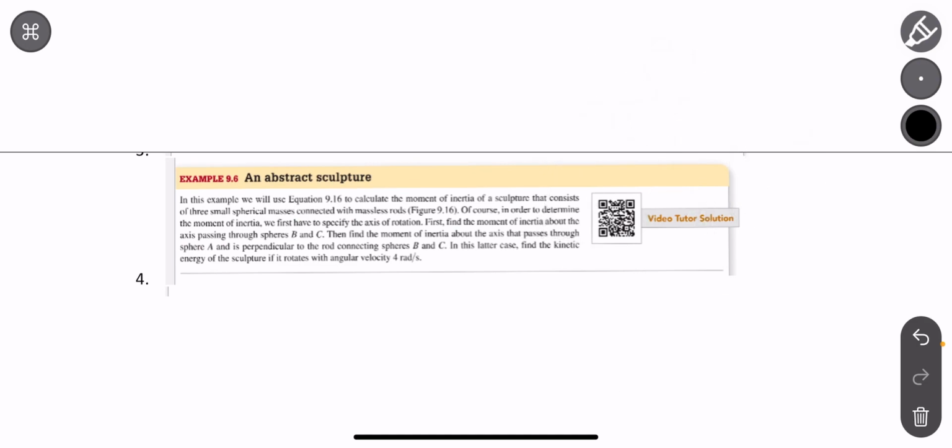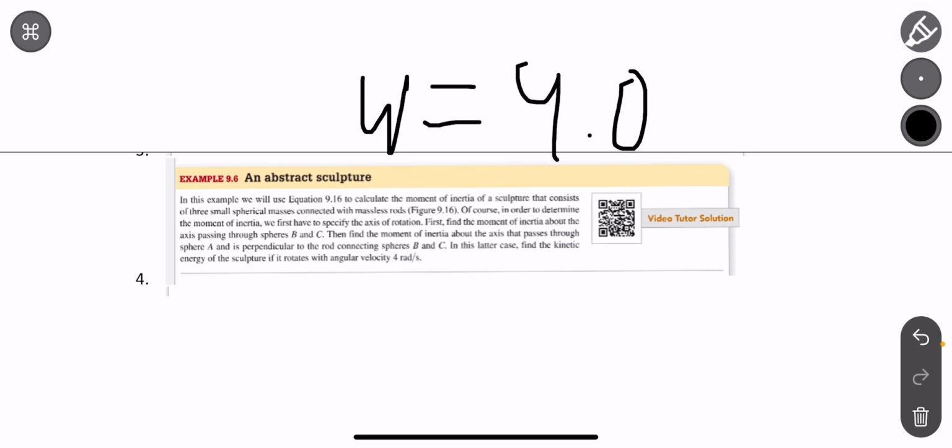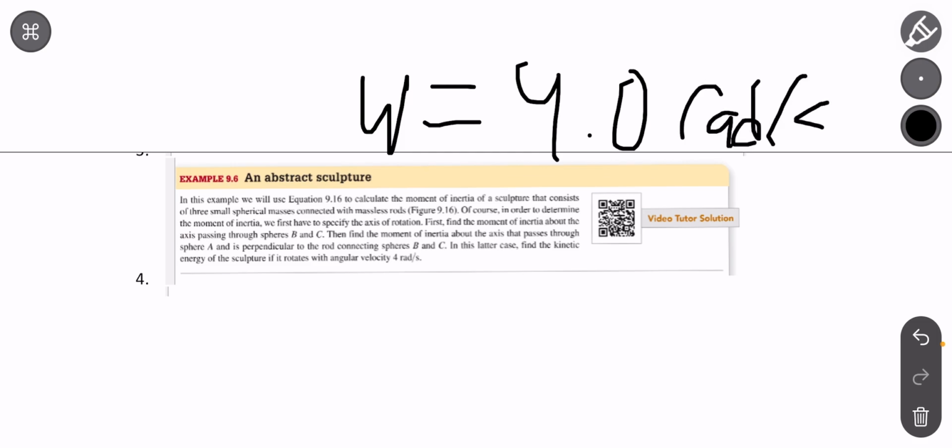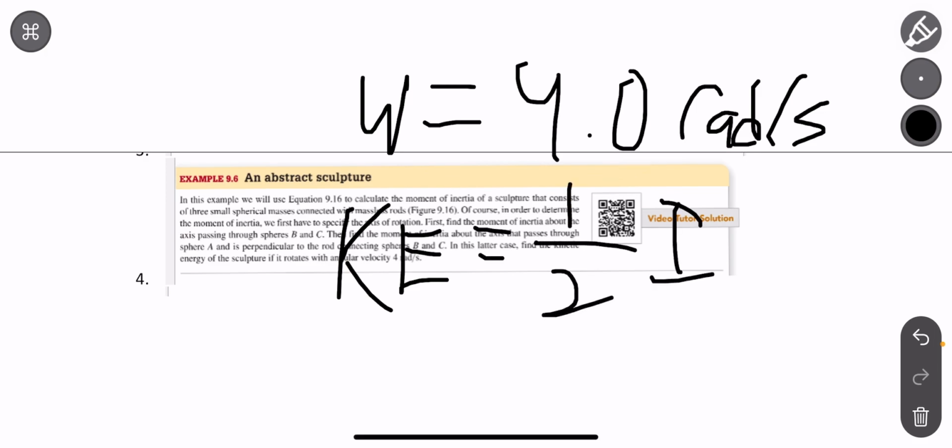Later on, we know the angular velocity is 4 radians per second, which was initially given, and we know that KE is 1/2 I omega squared.